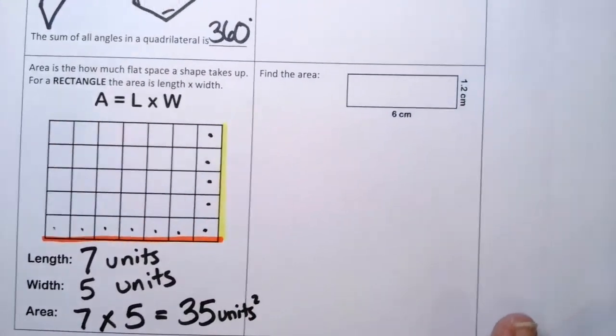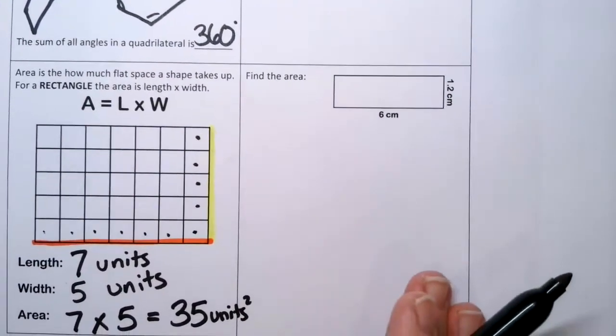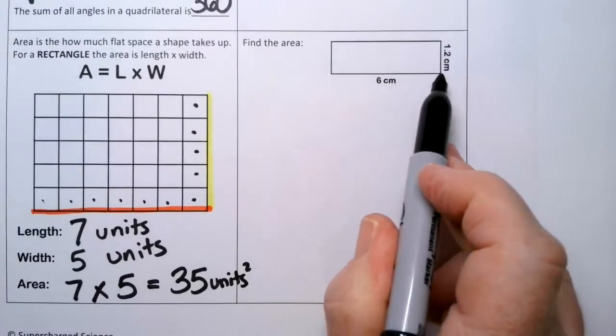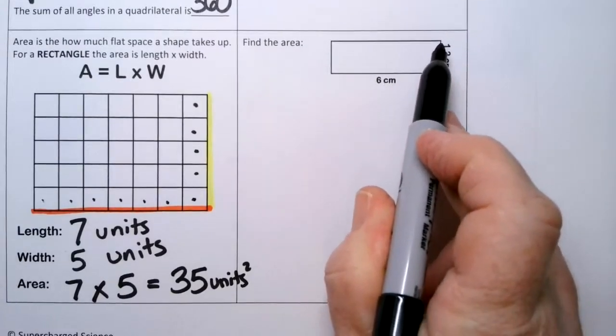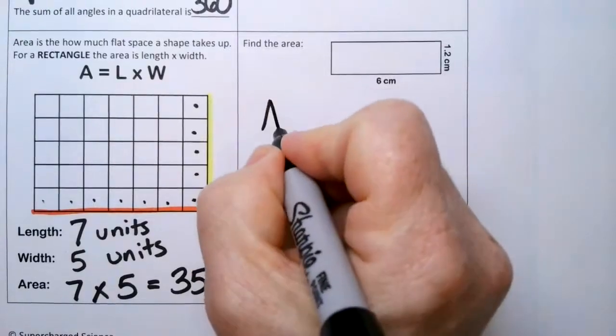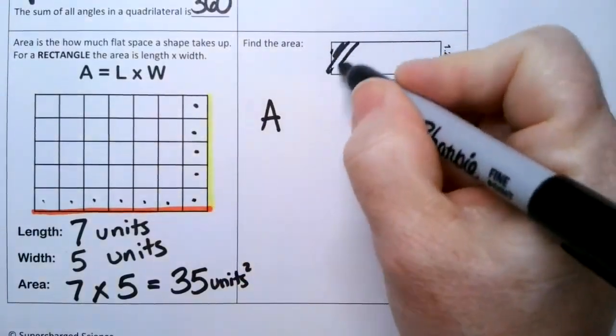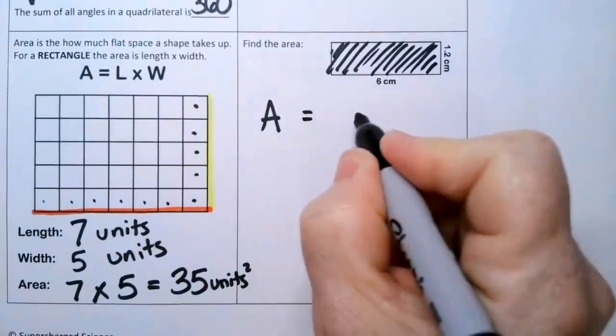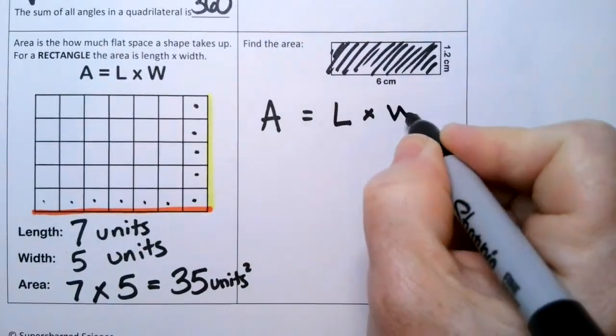Okay. So let's try it for real. Here's a shape, and it has 6 centimeters here, 1.2 centimeters there. Okay, so we're going to write area. So I want to know how much space it takes up. Okay, is length times width.